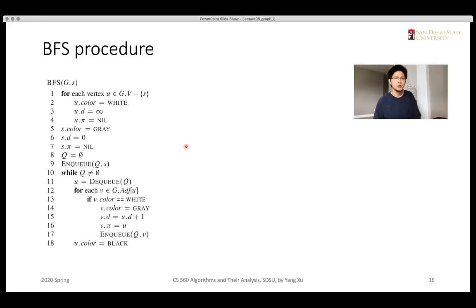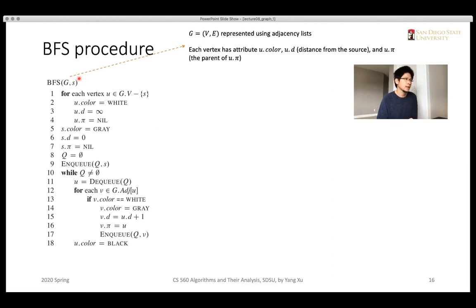So here is the pseudocode for the BFS procedure. This segment of code is a procedure that takes in the graph G and a starting vertex S as inputs. Assume that we represent the graph with adjacency lists.